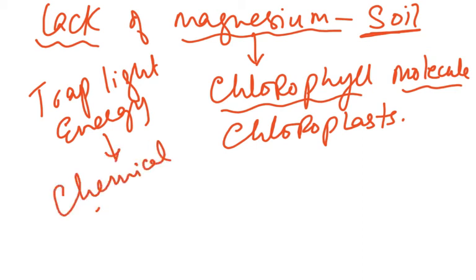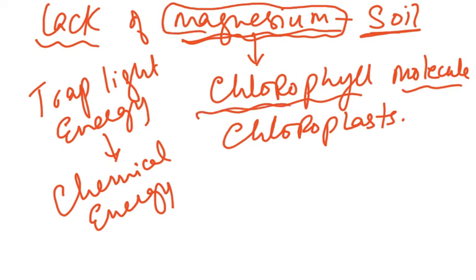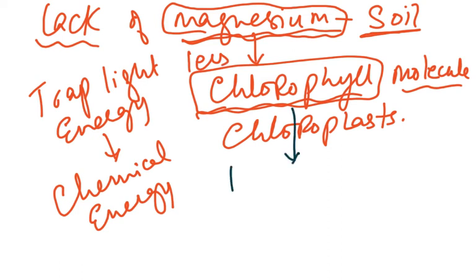Now what we need to understand is that if a plant has less magnesium available to it from the soil, it is going to have less chlorophyll. Less chlorophyll means less photosynthesis. Less photosynthesis means less glucose.